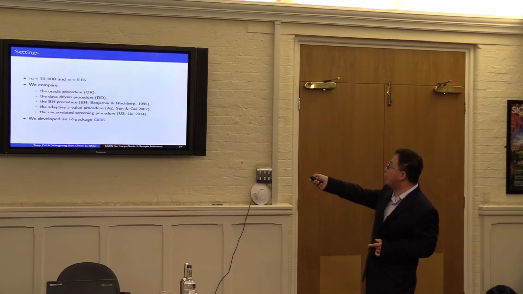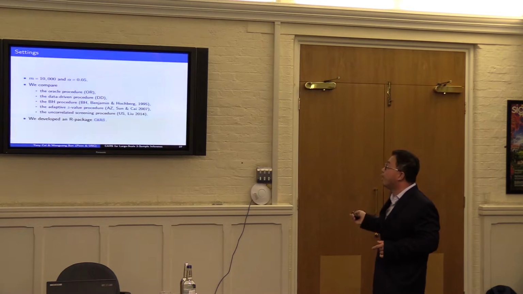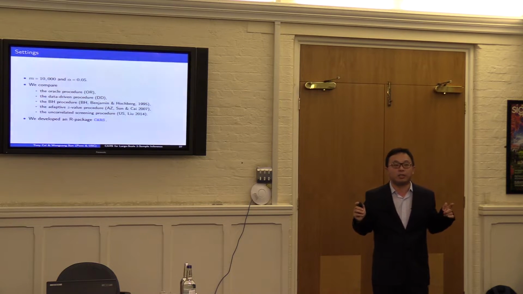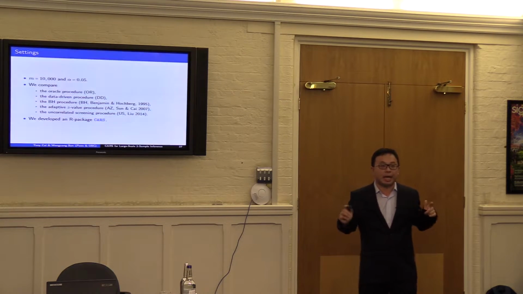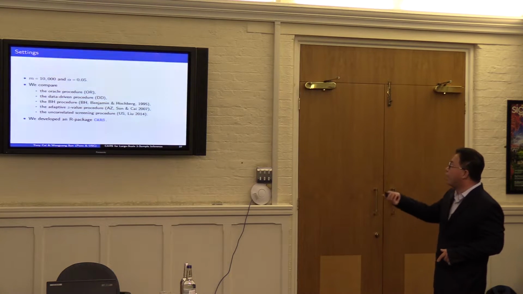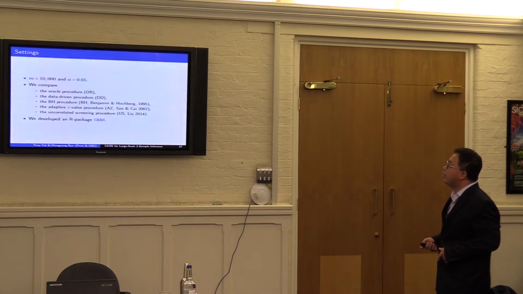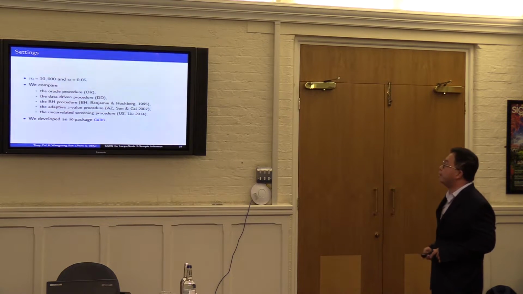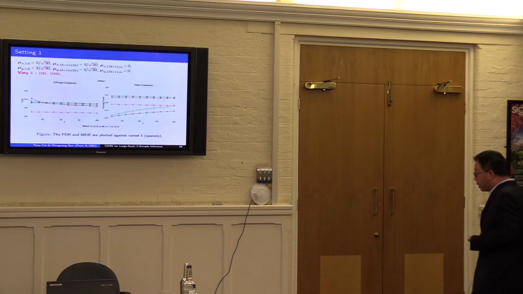Finally, we would like to compare our methods with a method called uncorrelated screening. It is connected to the grouping idea that I mentioned at the beginning of my discussion. We also developed an R package called CARS that can be used to implement the data-driven methods.